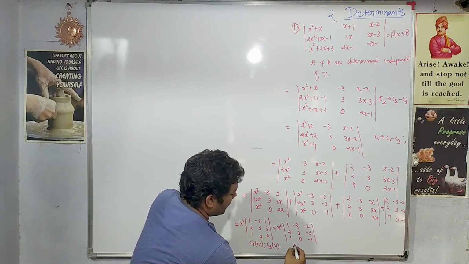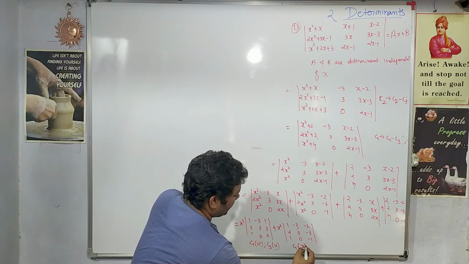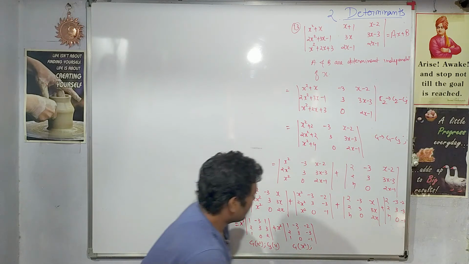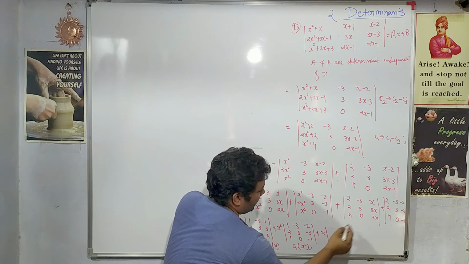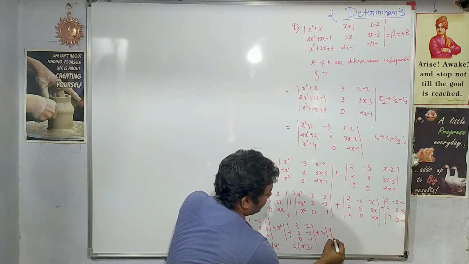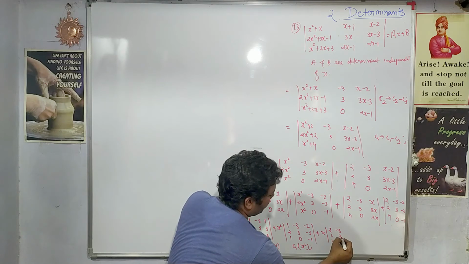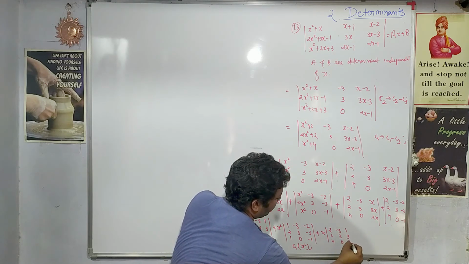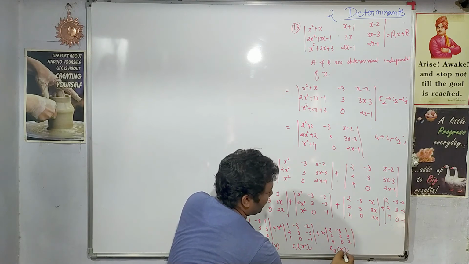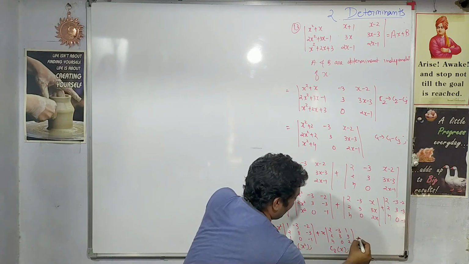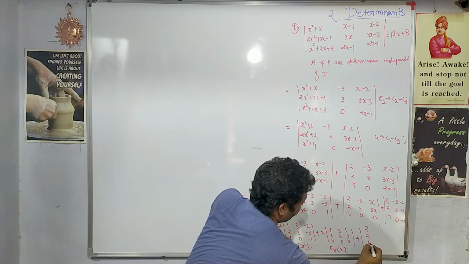So here what operation I have done? In the first column I have taken x square common, then here I can take x common. So if I take x common, 2, 2, 4, minus 3, 3, 0, 1, 3, 2. So what is the operation here? From the third column I have taken x common, and that is almost a constant matrix.